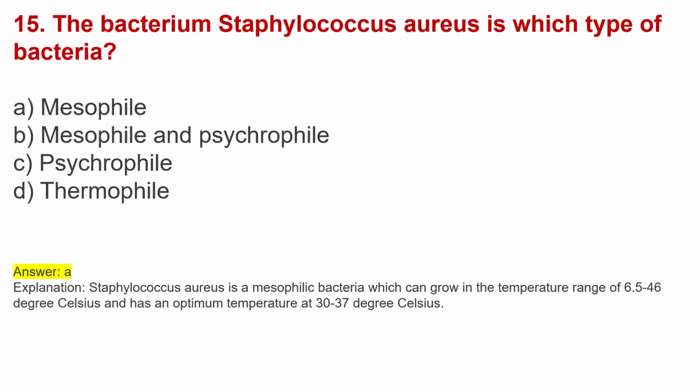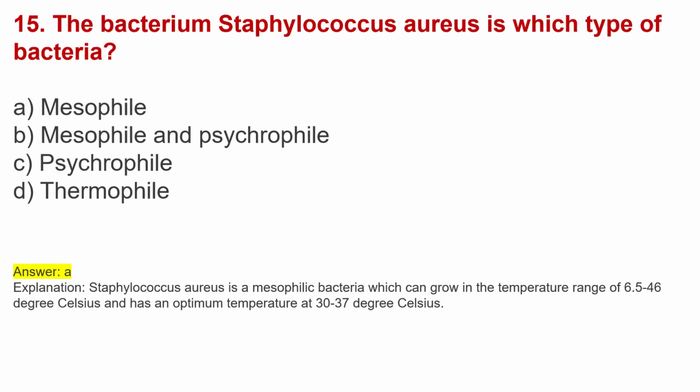Mesophiles are those bacteria that survive between 30 to 37 degrees centigrade, that is within normal body temperature. You know that Staphylococcus aureus is a bacterium found in humans, so it will definitely survive within the human body's optimal temperature.